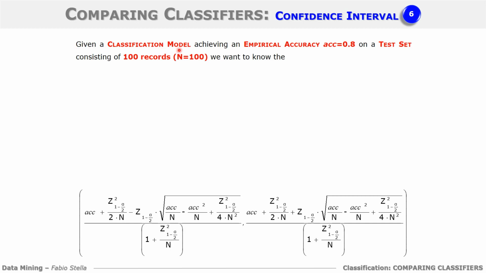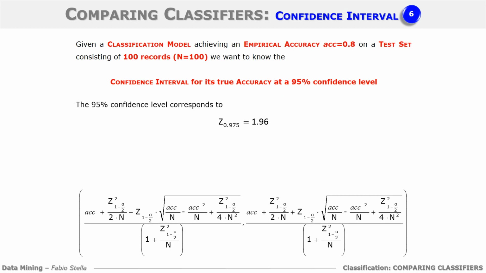Given a classification model achieving an empirical accuracy equal to 0.8 on a test dataset consisting of 100 records, so in this case capital N is equal to 100, we want to know the confidence interval for its true accuracy with a confidence level equal to 95%.